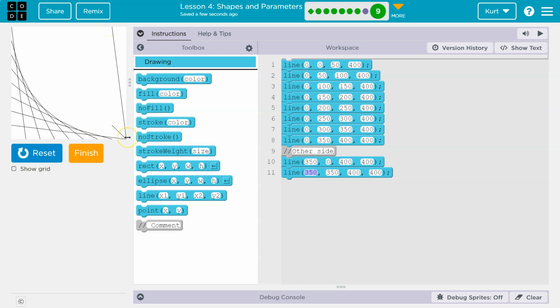And it's going to 400, 400. Okay. This one's difficult. So that's 50y here. But remember, y goes 0 to 400 and x goes 0 to 400.